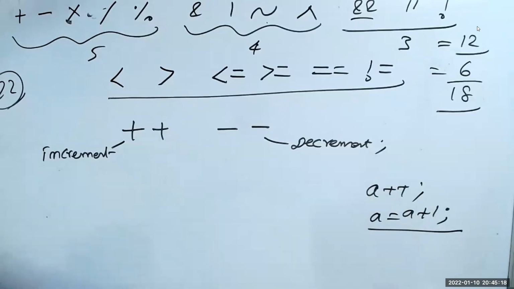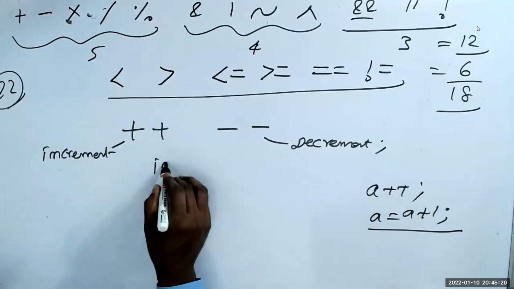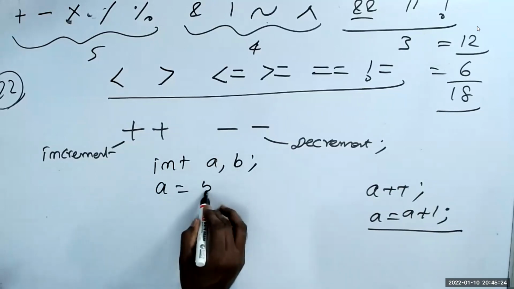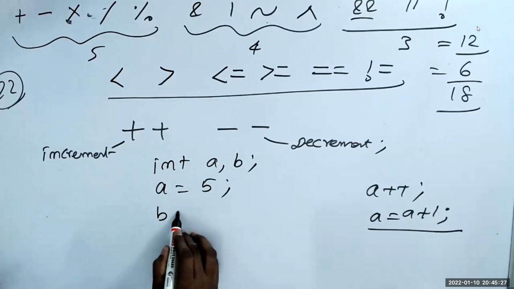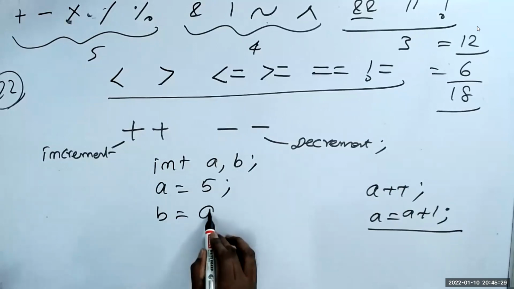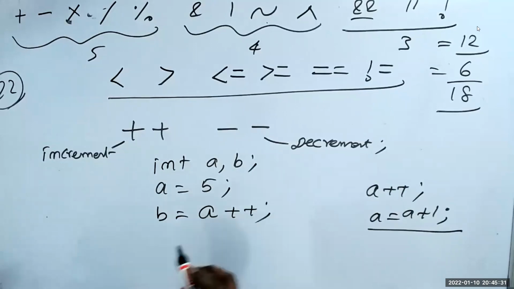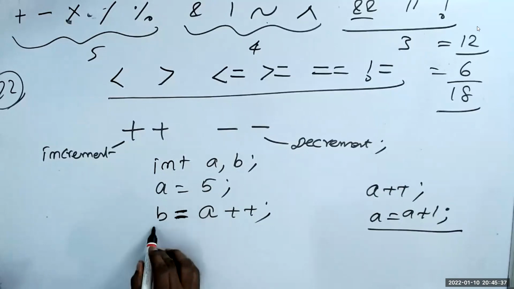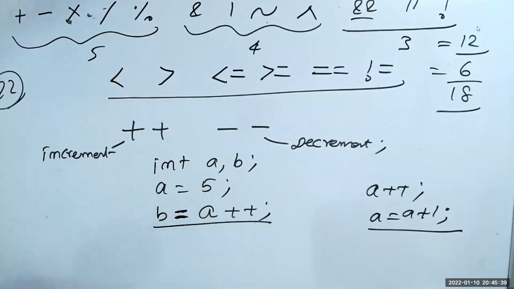Another problem. I say int A comma B. A is equal to 5. B equal to A plus plus. There's a confusion now. Now I have a statement. What will I do here?